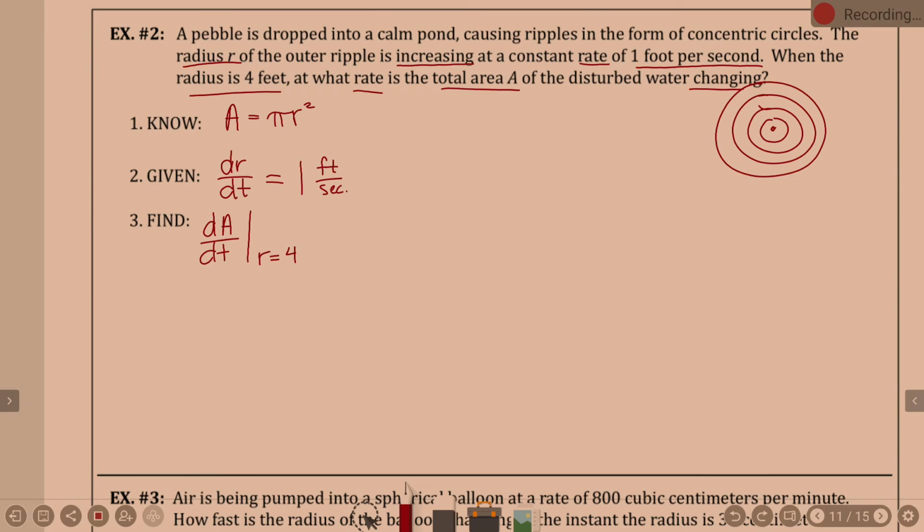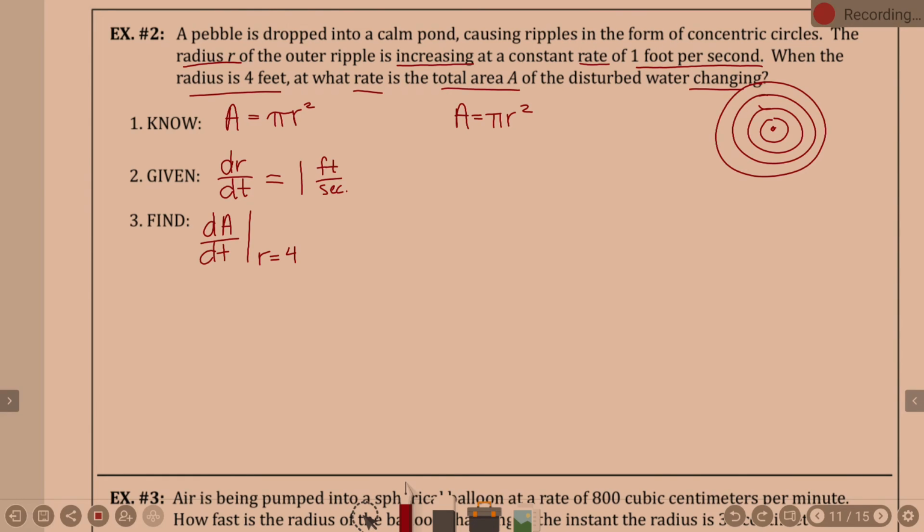I always like to read through and get down all the information. We know what all the numbers were that we were given, what we have to find, and what formula we're going to use. So A equals pi r squared.